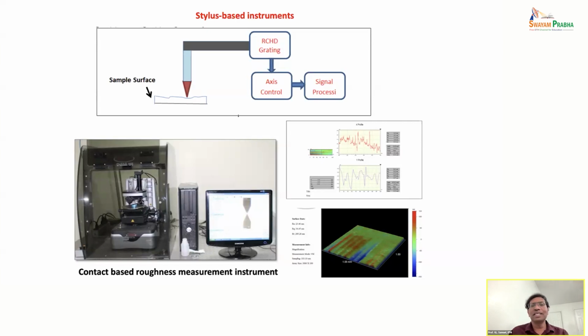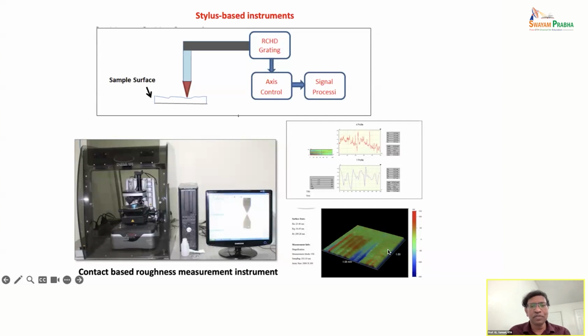This device will not only take the 2D profile like this, but will give us the 3D profile. How it does that is, first with the contact, it goes along one line, then moves to the next position, takes the second line, then the third, like this. But this is very time consuming.